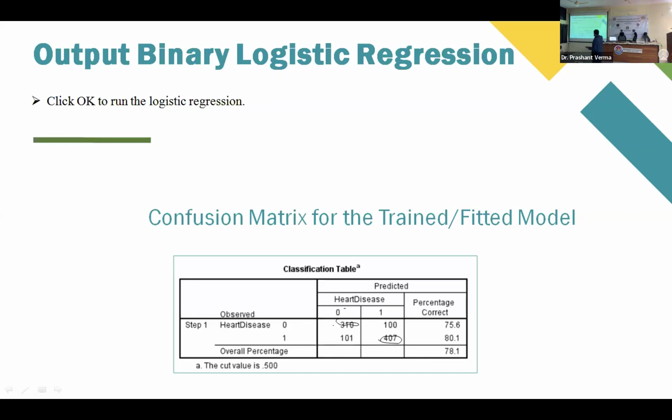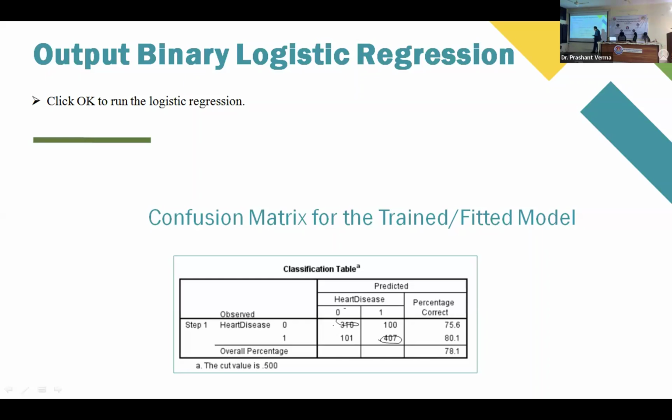We will see the formulas later. Okay. And the part we can see here, the correct ones. So this is called the sensitivity, and correctly classified 0 is specificity. Okay. So actually there were 410 total non-event cases. Out of them, 310 was correctly classified as 0.